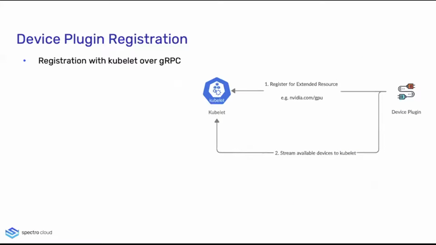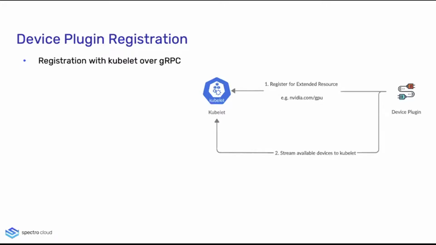The first step for a device plugin is device plugin registration. When a device plugin starts to run on a host machine, the first thing it does is register itself for a given extended resource with the kubelet, along with information on which device plugin version it supports, what Unix socket it will be listening on for further calls, and some other information if it wants to share it with the kubelet.